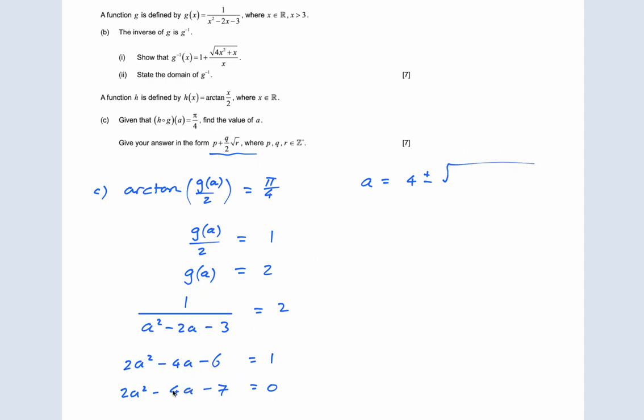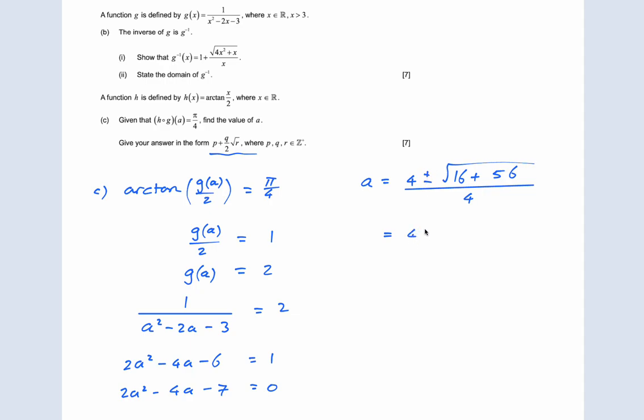So b squared, which is 16, minus 4 times this, which is actually going to be plus, because it's minus, plus, and 4 times 2 times 7 is 56. Okay, guys, if you don't know what I'm doing here, you definitely need to go and learn how to use the quadratic formula. 2 times 2 is 4.